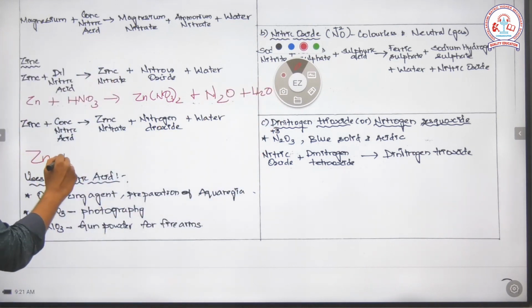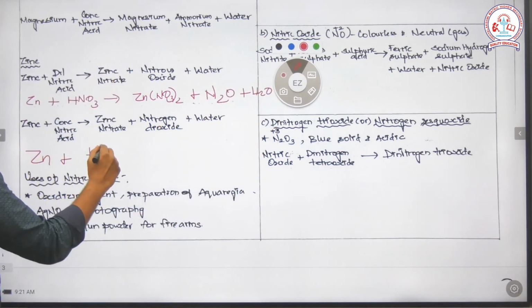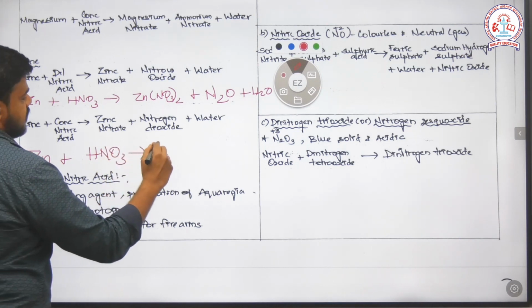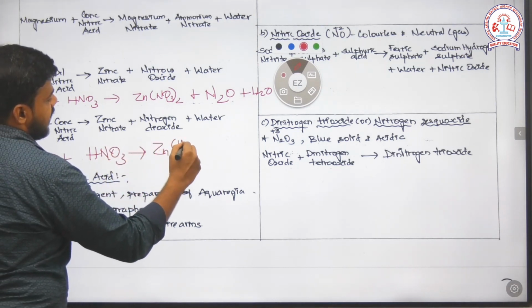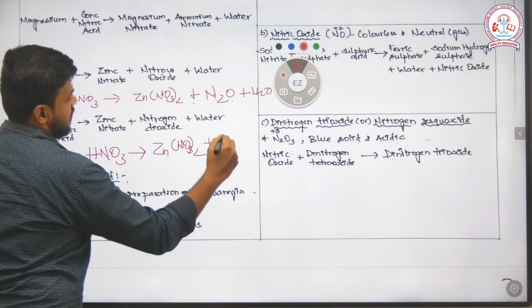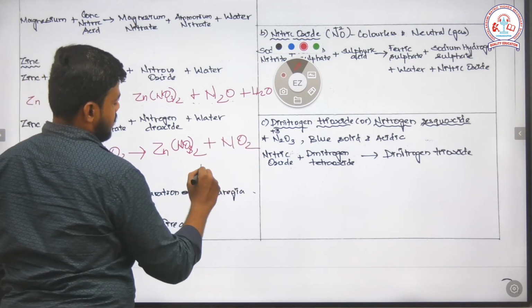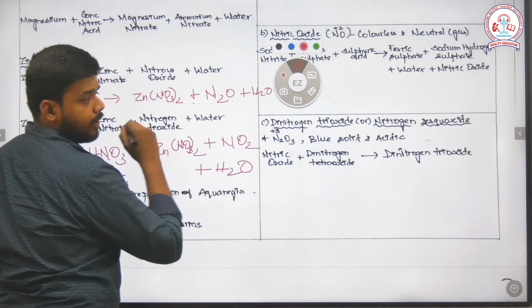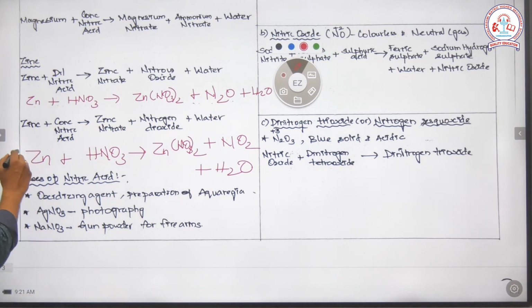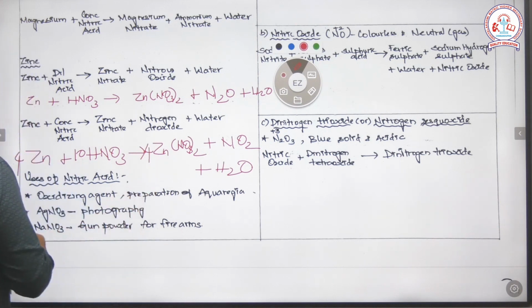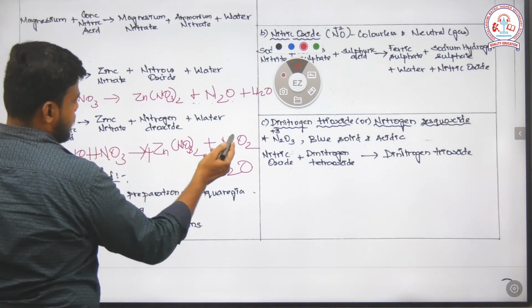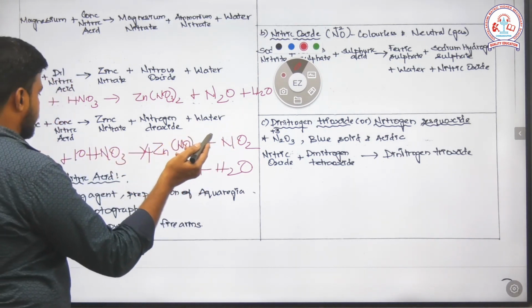Zinc reacts with concentrated nitric acid, gives zinc nitrate plus nitrogen dioxide plus water. If the reaction is taking place in the ratio of 4:10, zinc becomes 4 here, nitrogen becomes 8, 8 plus 1 is 9. So I cannot double up.